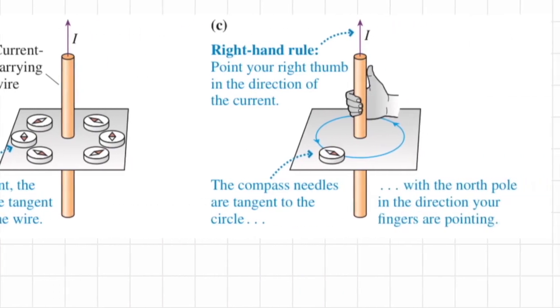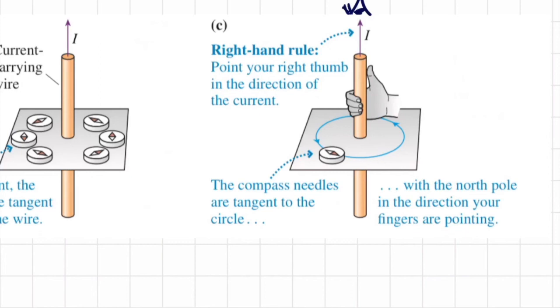That means at every point along this circle, the magnetic field points in the direction tangential to the circular path around it. And you have two choices, right? Whether it's going this way, like in the diagram, or the other way. If you look from the top, you're going to see the magnetic field either going clockwise or counterclockwise.